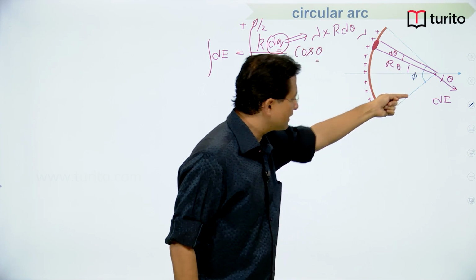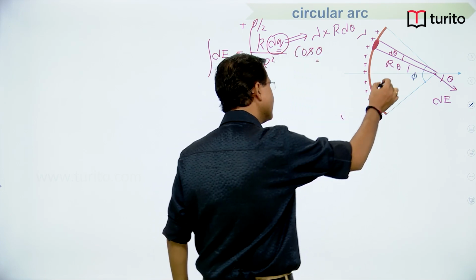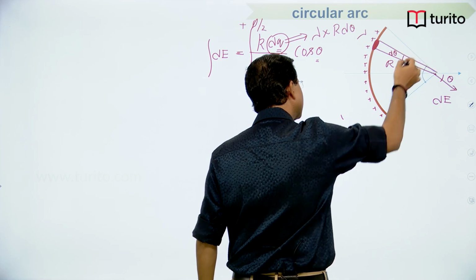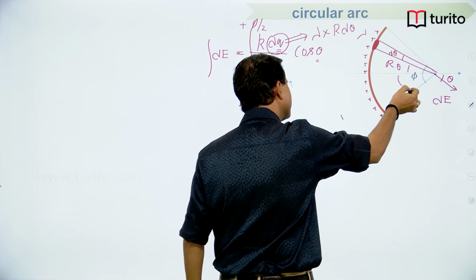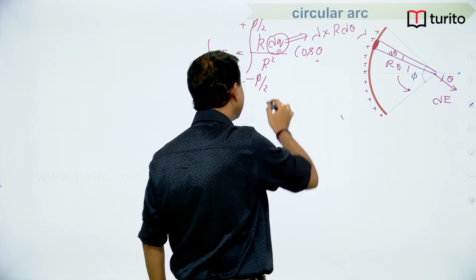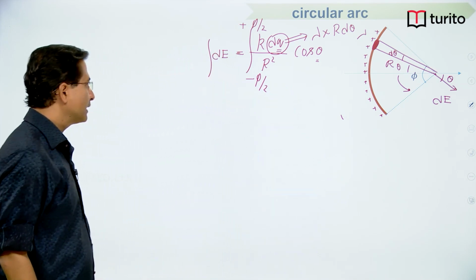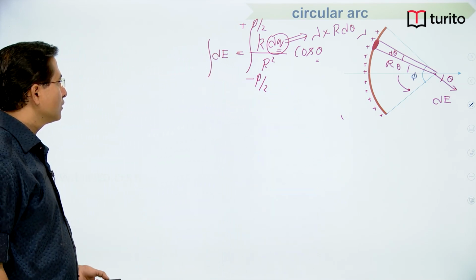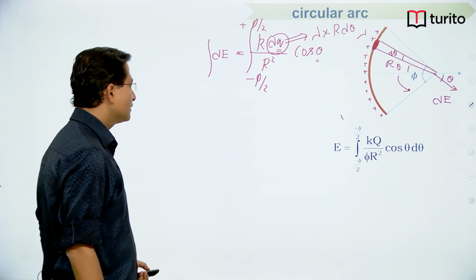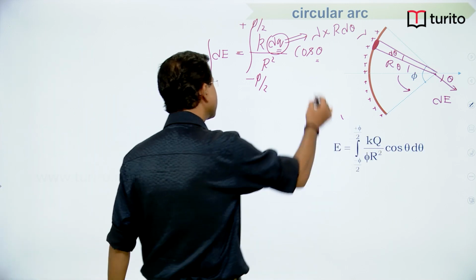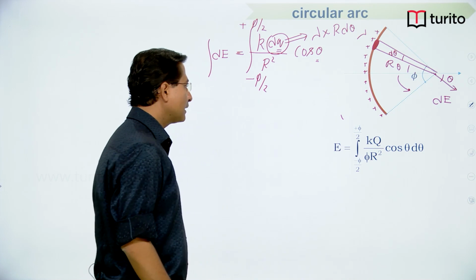As it is in the opposite sense, this sense I am taking positive, this sense I am taking negative. So this way you have to come, that is why here it is minus phi by 2, right. So if I substitute, then after simplification I will get this one, right.